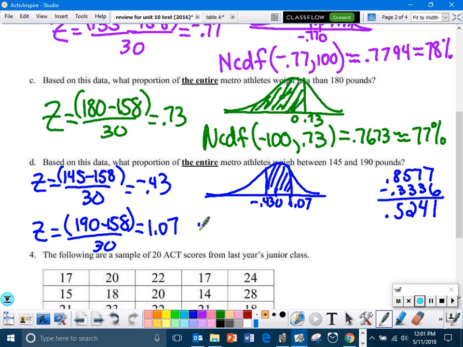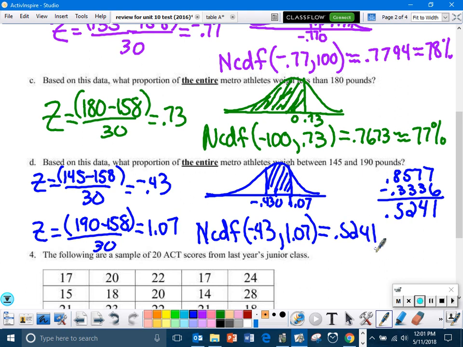Now, with the calculator, that's your lower bound. This is your upper bound. And you're going to get the exact same answer, which is about, if we round it, 52%. So about 52% of the athletes weigh between 145 and 190.